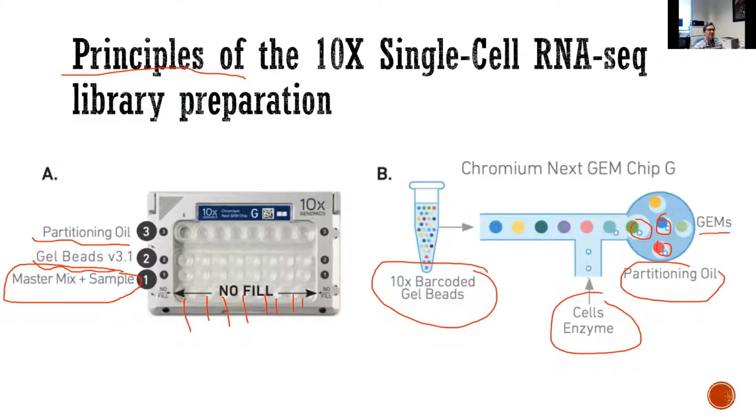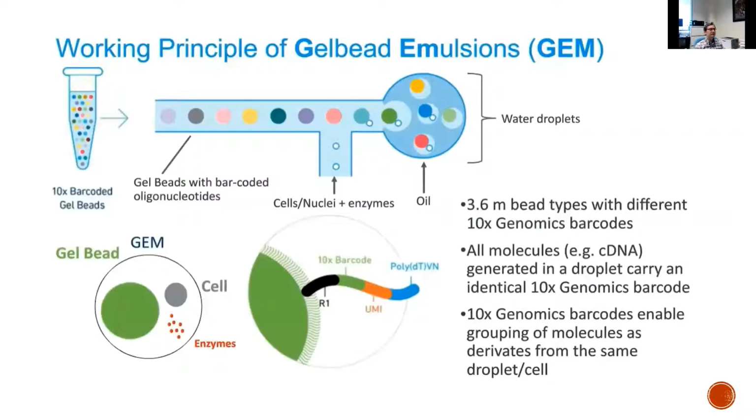It's called the GEM. How is the GEM structured, and how does the barcode let you separate each individual cell, and also each individual gene's expression? GEM stands for Gel Bead Emulsion.